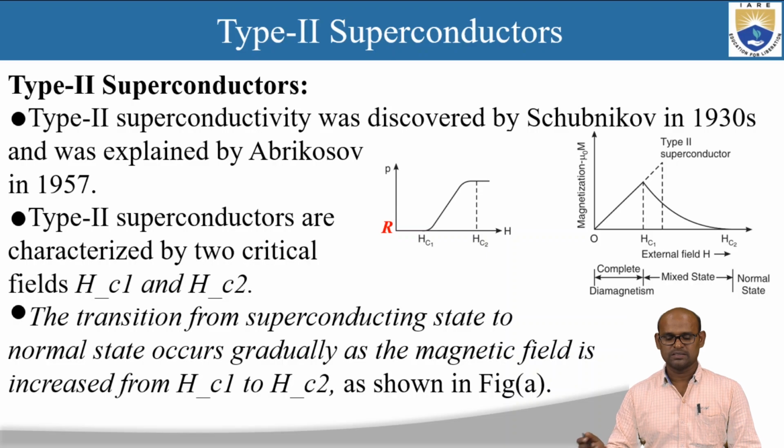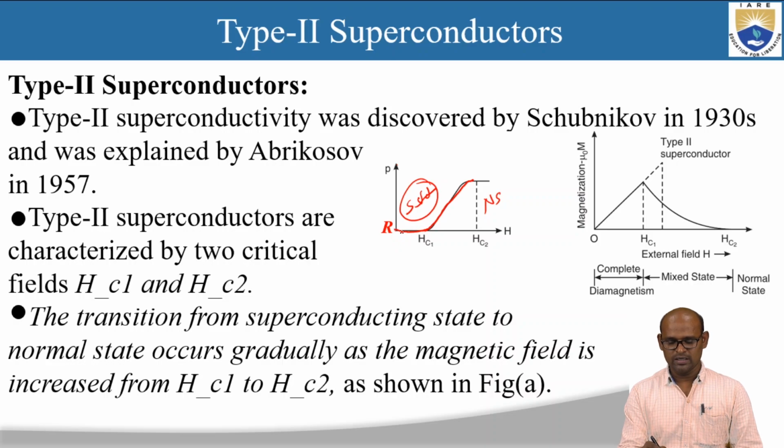In type 2 superconductors, the transition from superconducting state to normal state is gradual. That means as you increase the field above HC1, the resistance slowly starts increasing, and it reaches saturation at HC2, and then the material goes from superconducting state to normal state.